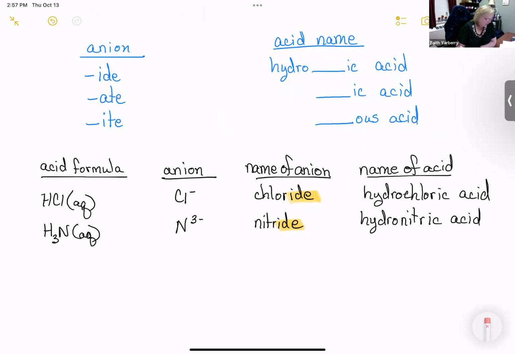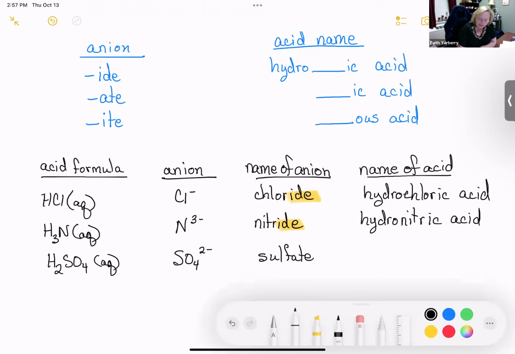Let's do this one. Let's take H2SO4. H2SO4, the anion is SO4, and it will have a 2- charge because we have 2 hydrogens. SO4 2- is sulfate.